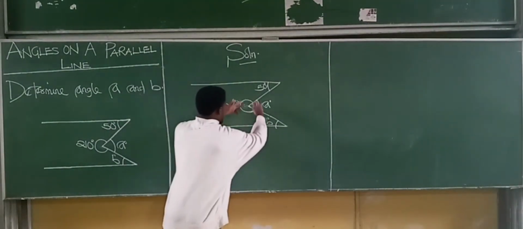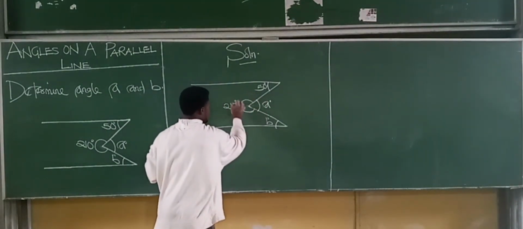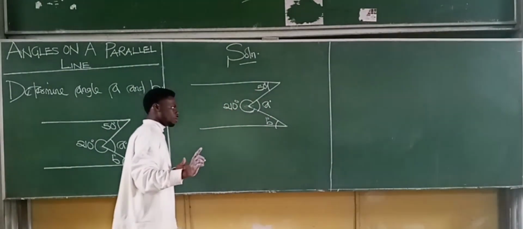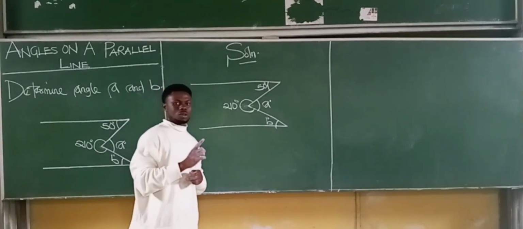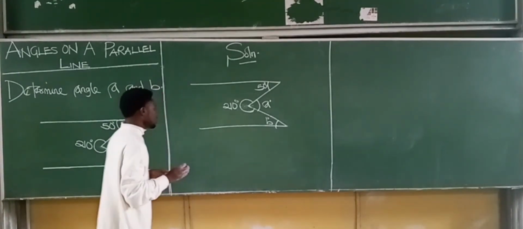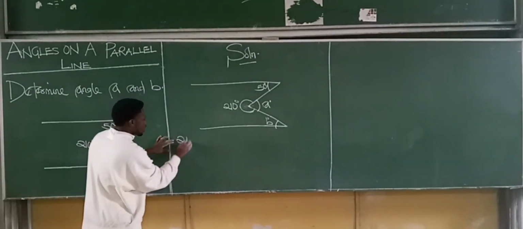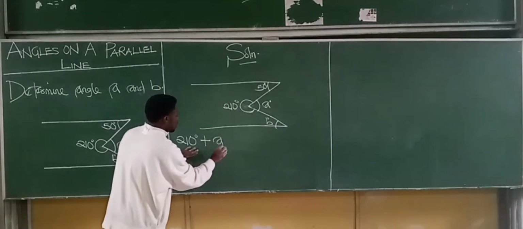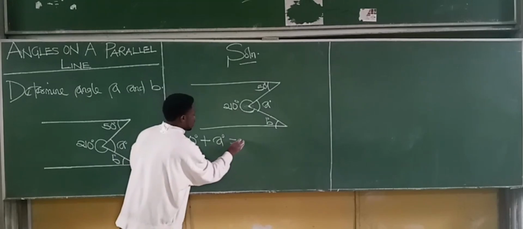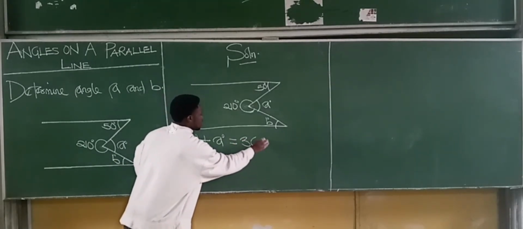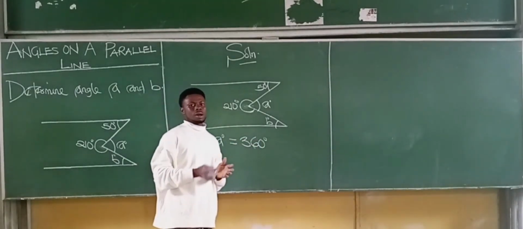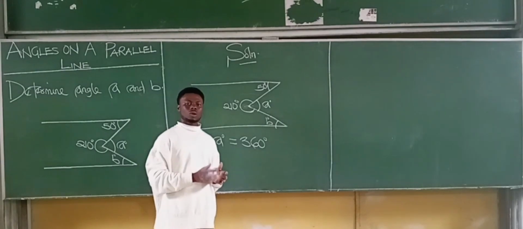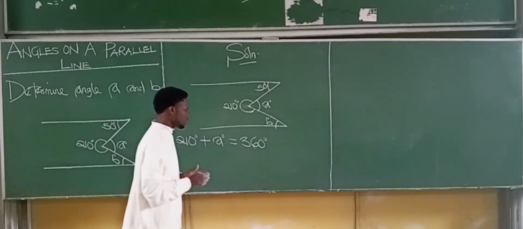Therefore, at this point we have one revolution, which is one circle, and one circle is equals 360 degrees. Therefore, we have 210 degrees plus A degrees gives 360 degrees. That is the condition. Angle at a point equals 360 degrees.